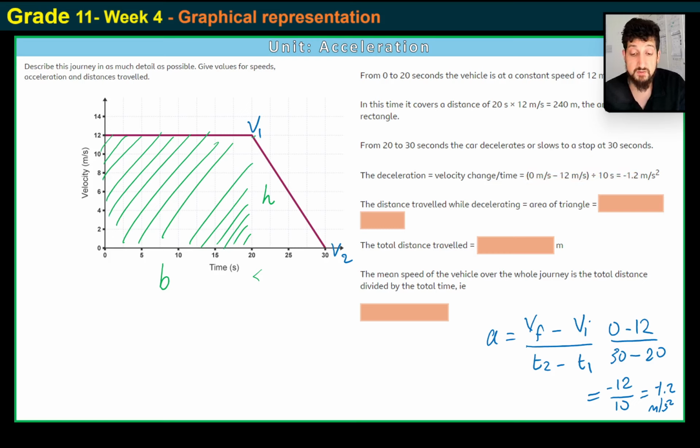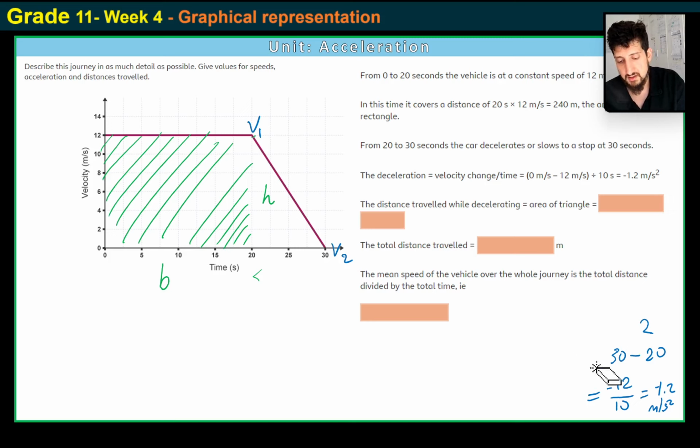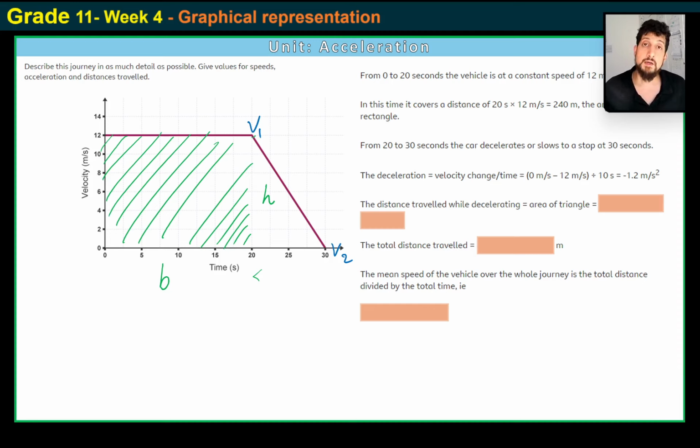Next, the distance traveled while decelerating equals the area of the triangle. Of course, it's the area under the graph, whatever that area is. If it's a triangle, then it's half base times height. If it's a rectangle, it's base times height. If it's a semicircle, it's half pi r squared, and so on.